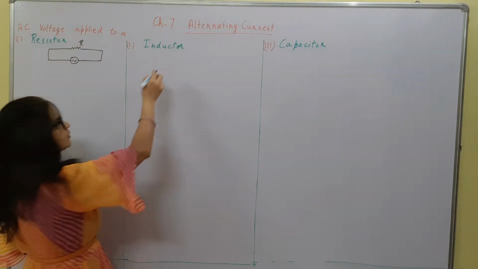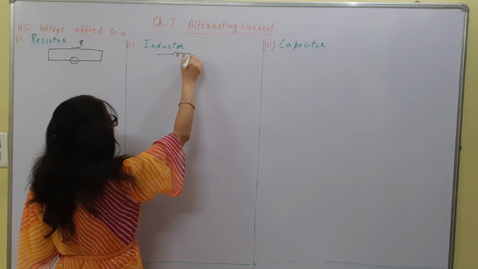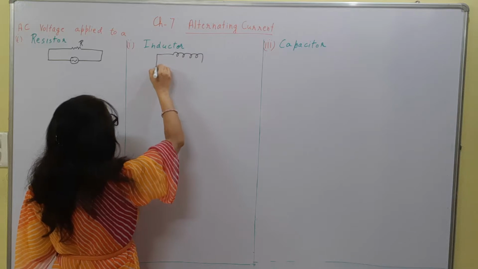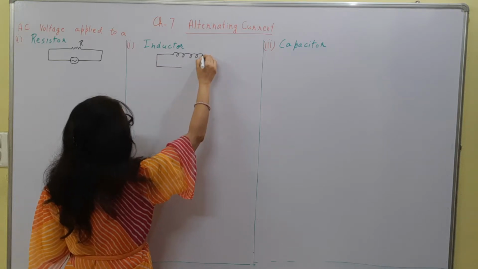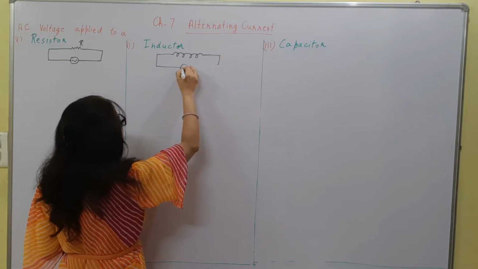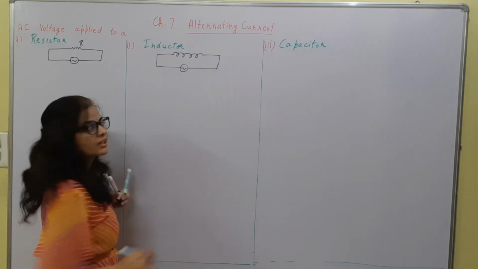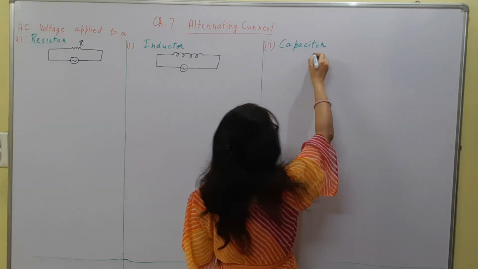For AC applied to an inductor, we can draw the diagram like this, and for a capacitor.